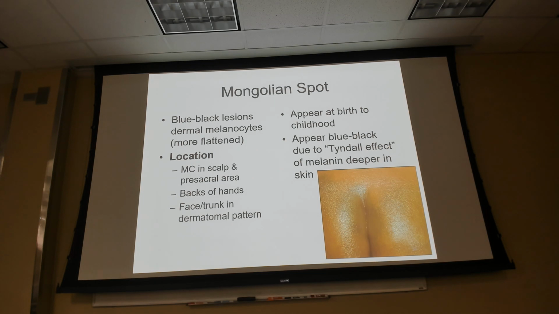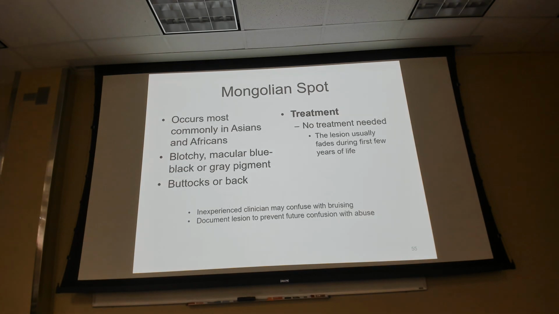As I said, things that could cause a mom or a father to wonder, we would see this at birth, and it'll last through into childhood. Eventually, this will all fade away. Most commonly, these spots are seen in Asians and Africans.